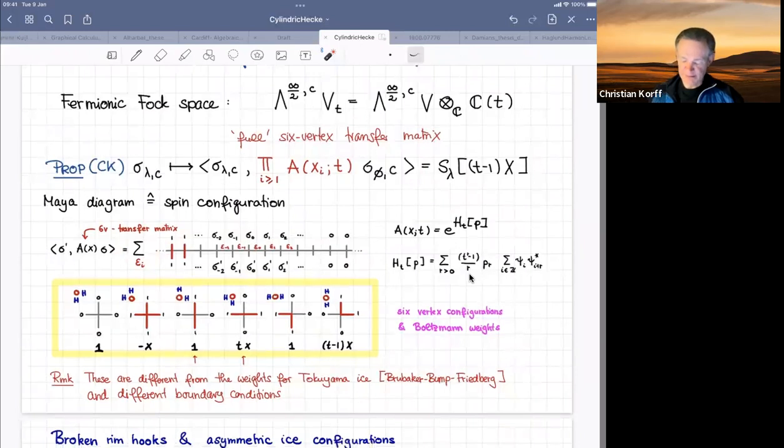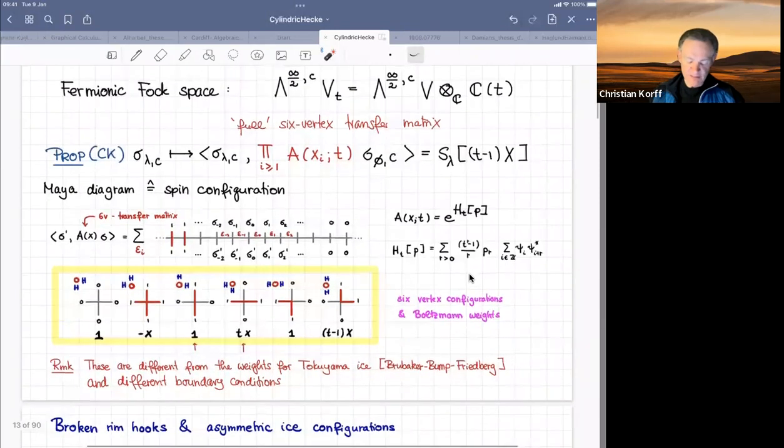This is going back to the work by Ben Brubaker, who's here, Daniel Bump, and Friedberg. So it's very closely related. The change here is in these two Boltzmann weights. So it's not quite Tokuyama ice, but it's very similar.